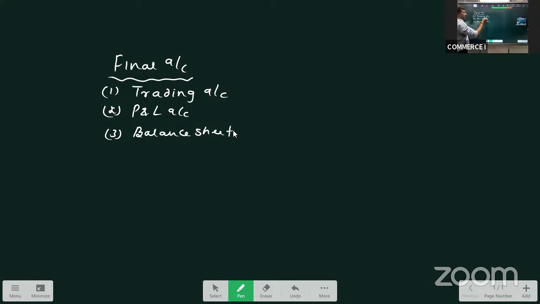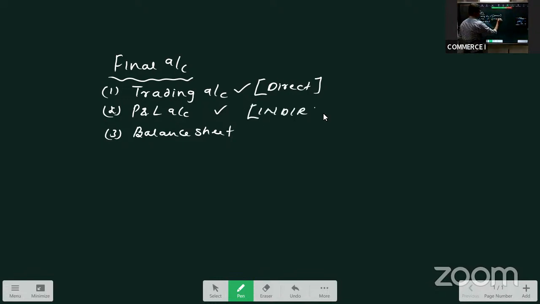Day before yesterday we did problems on trading account, and yesterday we started with profit and loss account. If we have a quick review, trading account takes all direct items, direct expenses and direct incomes. Profit and loss account will take all indirect expenses and indirect incomes.